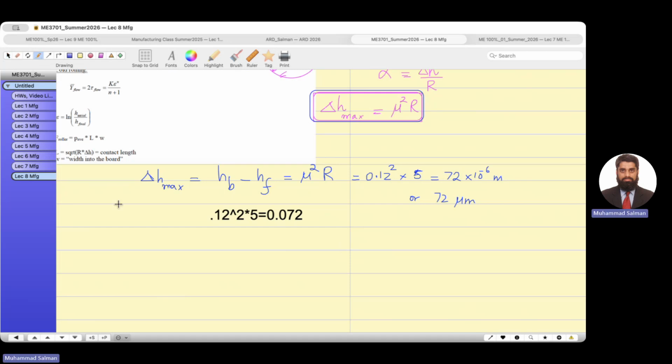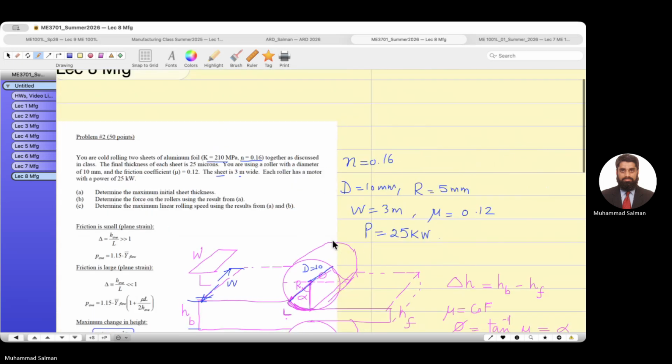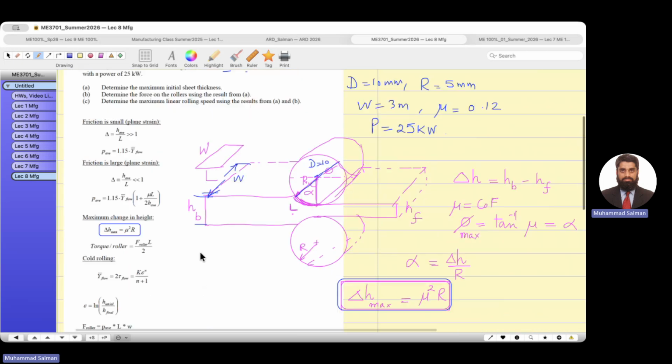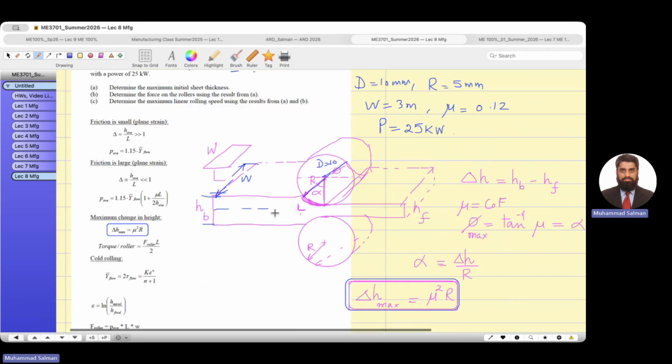Okay. For one sheet, the initial thickness, the final thickness is 25 microns of each sheet. If you closely take a look, you can imagine these are the two sheets being rolled together. This is sheet 1, this is sheet 2.